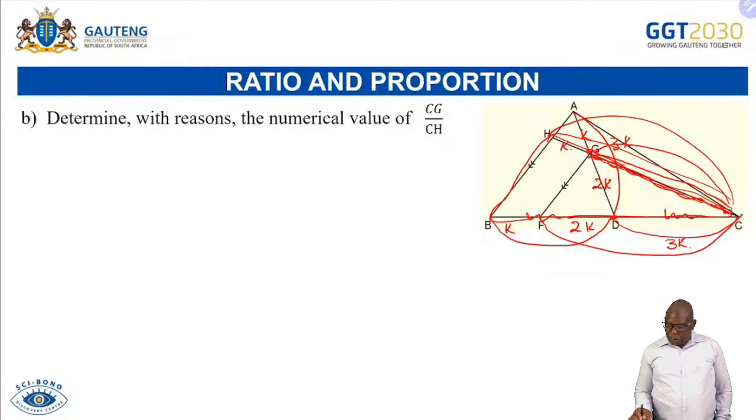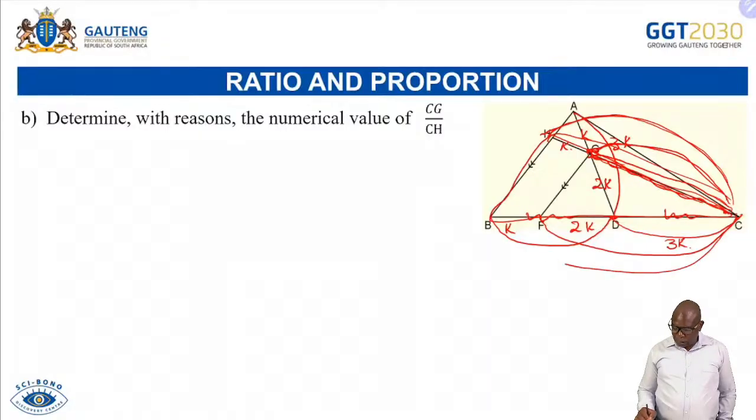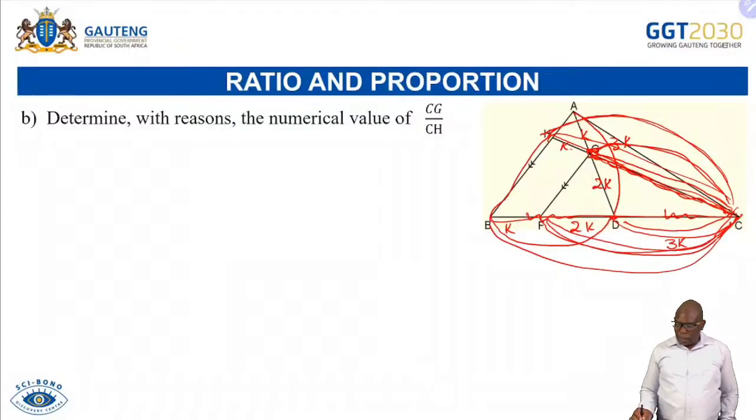So this whole length here and that one will be the same as that whole length here and this one. So I can write CG over CH. I'm working in this whole triangle there.